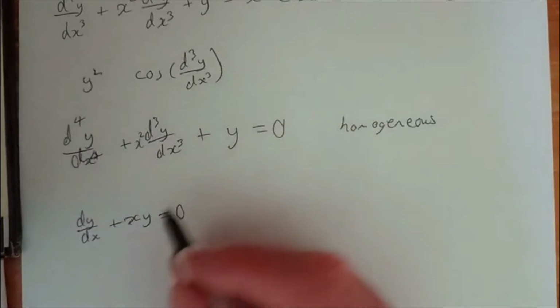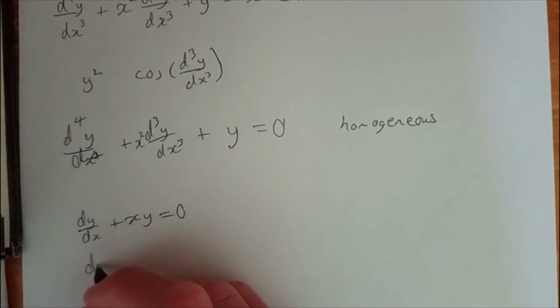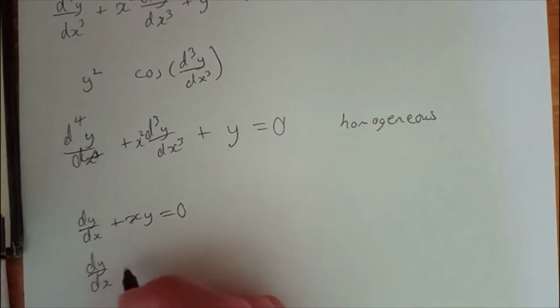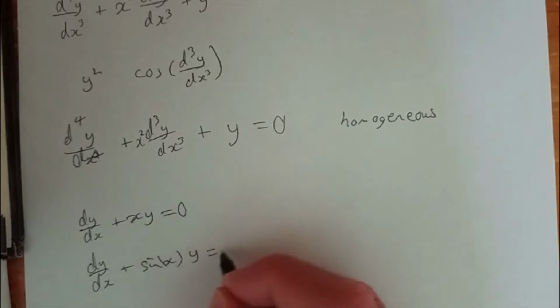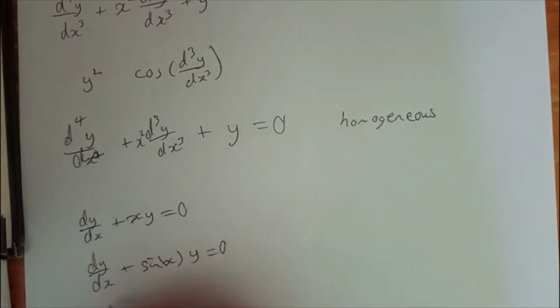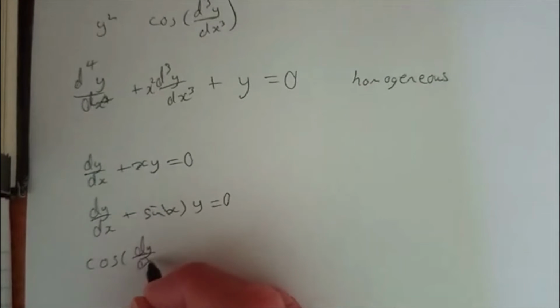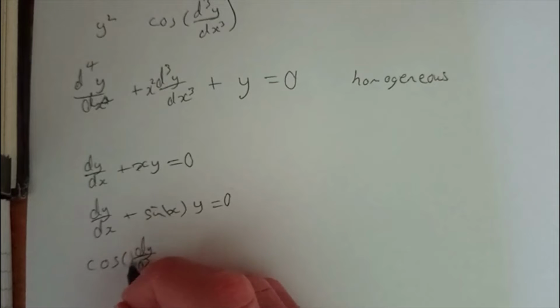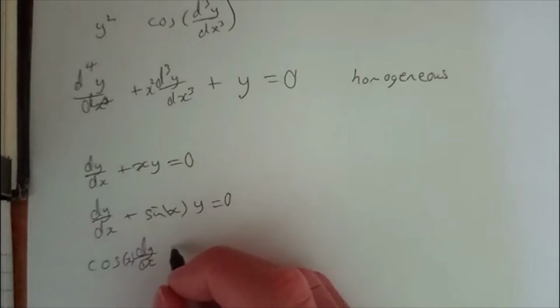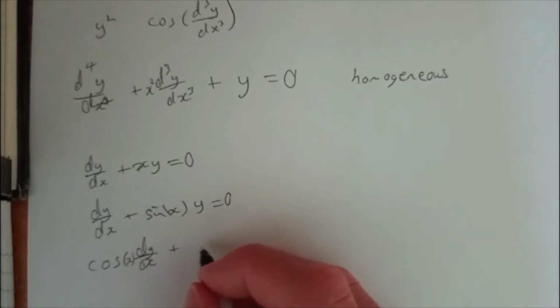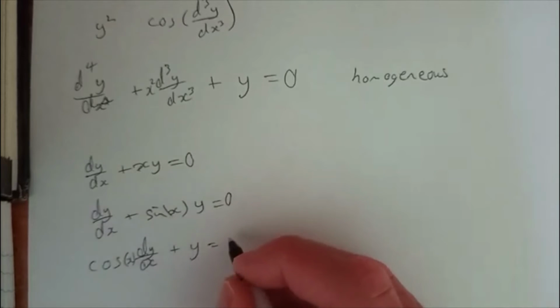We could have dy/dx plus sine of x times y equals 0, or we could have cosine of x times the derivative plus y equals 0.